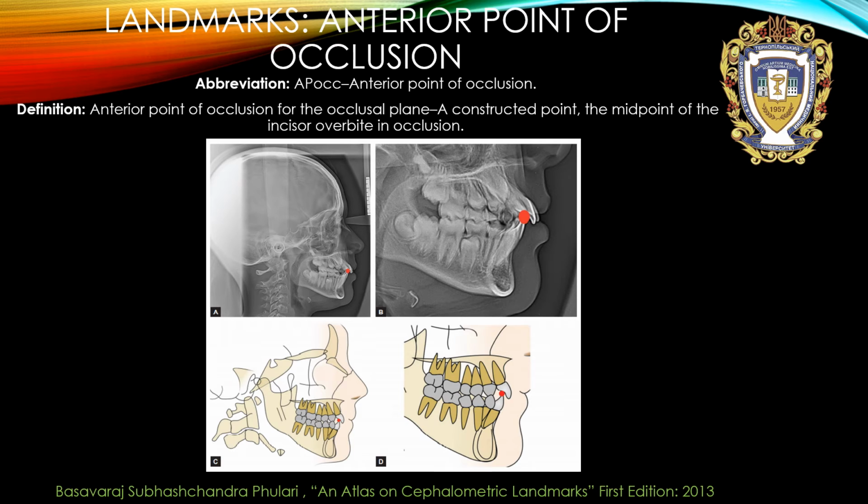Anterior point of occlusion. For the occlusal plane, a constructed point, the midpoint of the incisor overbite in occlusion, like on this scheme. It is the point of contact between upper central incisor and lower central incisor.